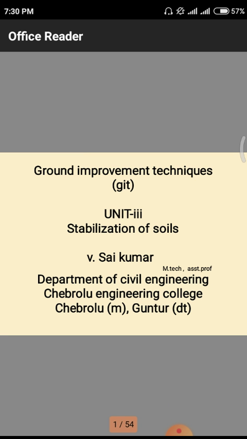In those tests also we are having two major classifications: laboratory tests and in situ tests. In those laboratory tests we majorly do the triaxial test and vane shear test.